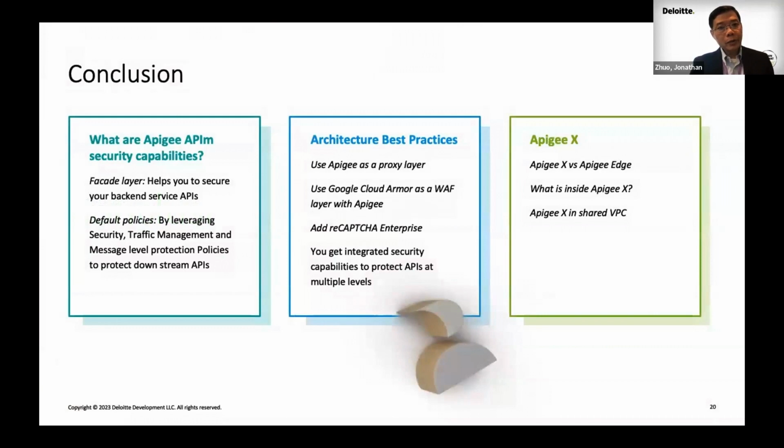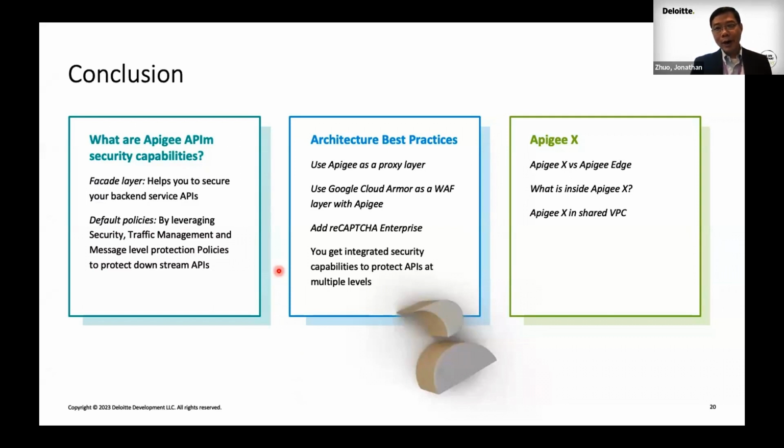So in conclusion, as I just described, there are three things we have talked about: what the Apigee API management security capabilities are, what the architecture best practices are, and what Apigee X is. First, Apigee is a platform for developing and managing APIs by adding a proxy layer to your service.